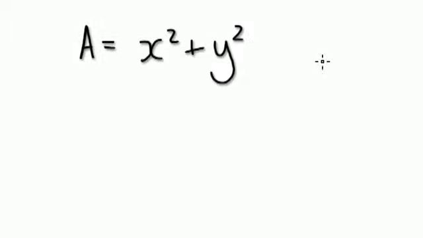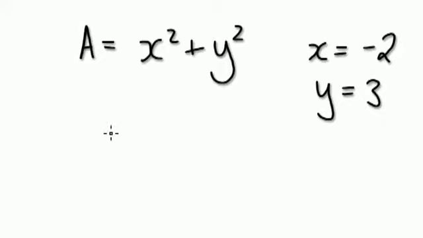So now if I give you something like A equals, let's say, x squared plus y squared, and x equals minus 2 and y equals 3. So what is A? Basically, you just follow the instructions here.